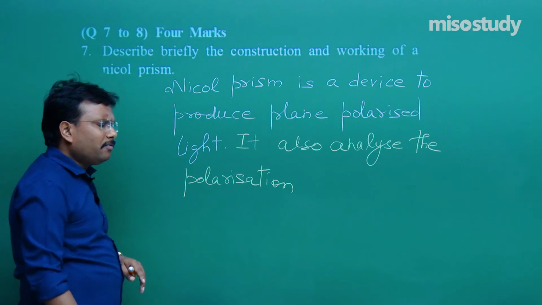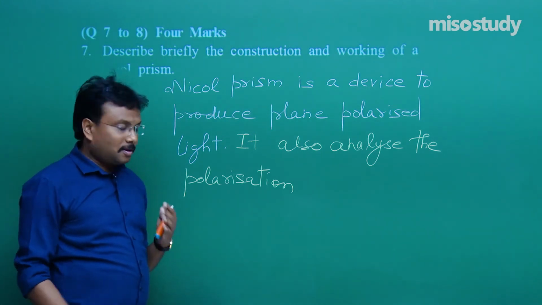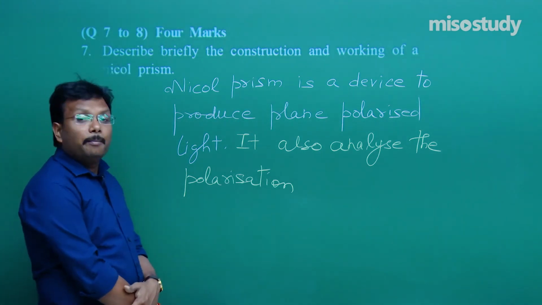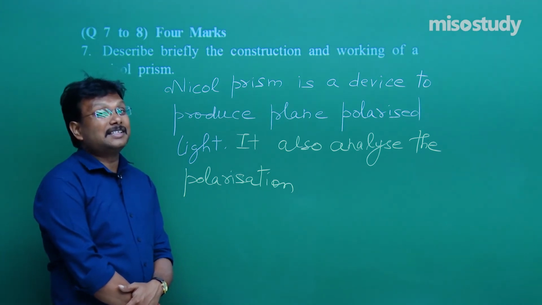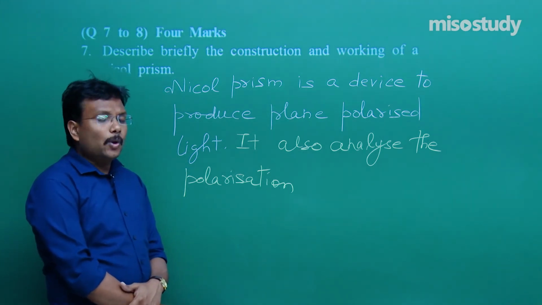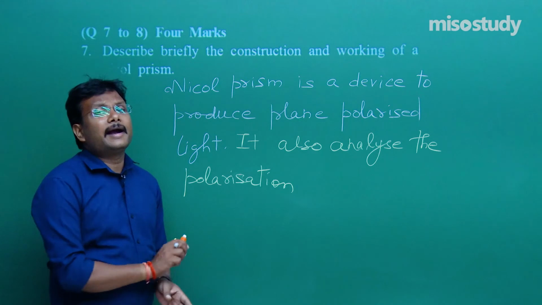Then comes the question, what exactly is this Nicol prism? So, a Nicol prism is nothing but a calcite crystal cut at 68 degrees and then joined together with Canada balsam.